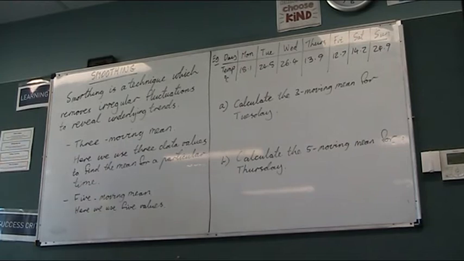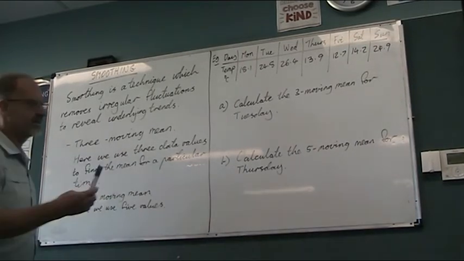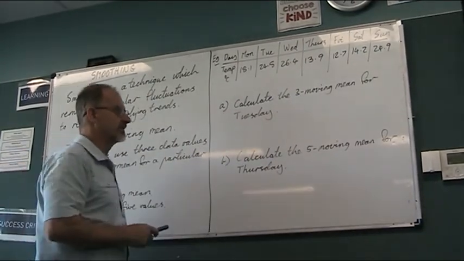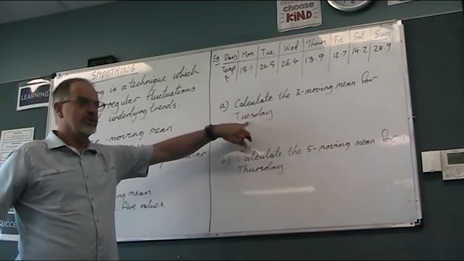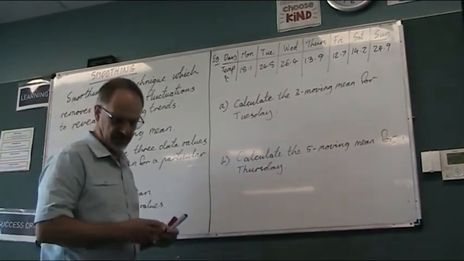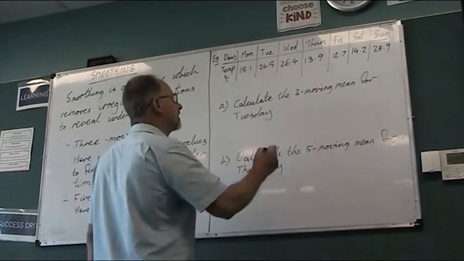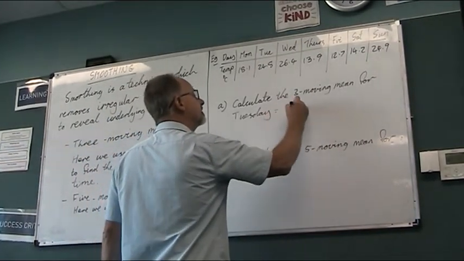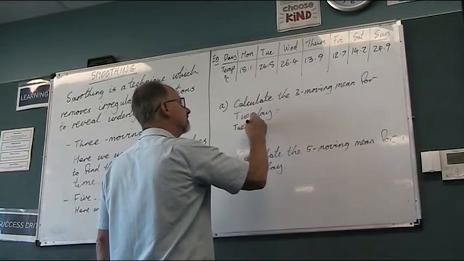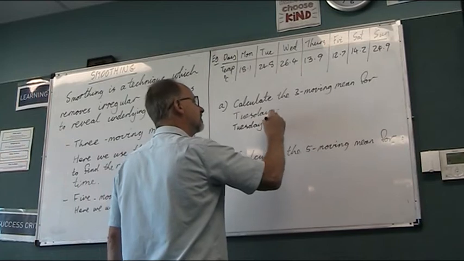All right. So here, calculate 3 moving mean for Tuesday, so that means we've got 3 days of data that we're going to use. And we want Tuesday. So when it says that we want Tuesday, what we need there is that Tuesday is the middle time.